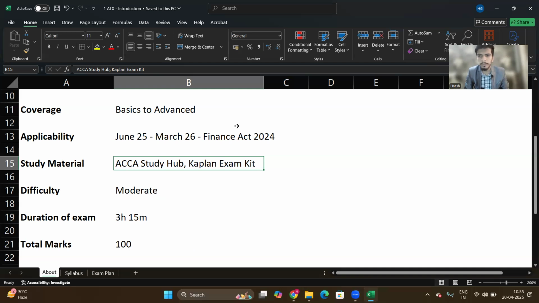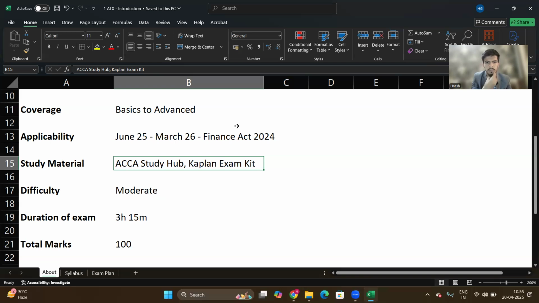For that, we would be using the Kaplan Exam Kit, because in ACCA Study Hub you do not have that many detailed exam-type questions. So I would be referring to the Kaplan Exam Kit. We would be doing some questions together, and I would be giving some questions for you to do by yourself. This is what it would look like.